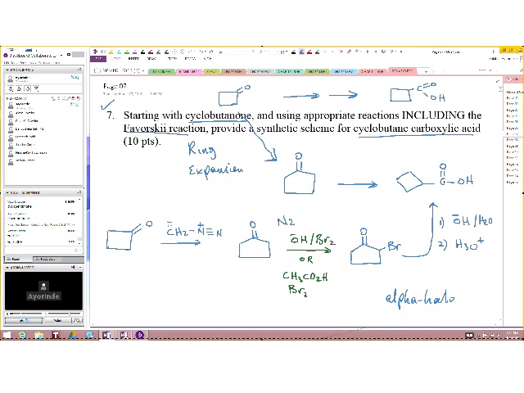For example, if you have this here, and then you do that same reaction, step 1 and then step 2, then you get this here.